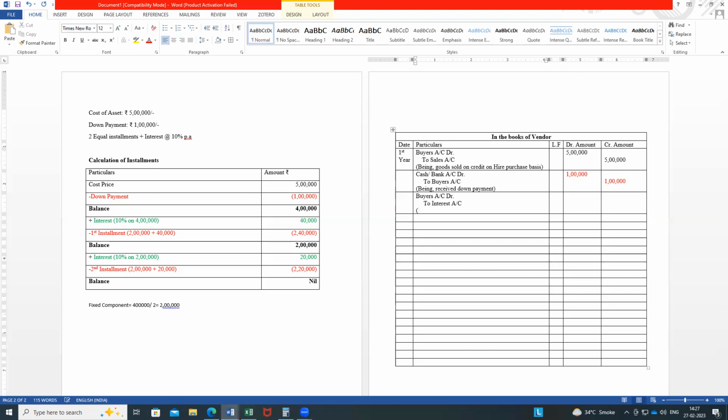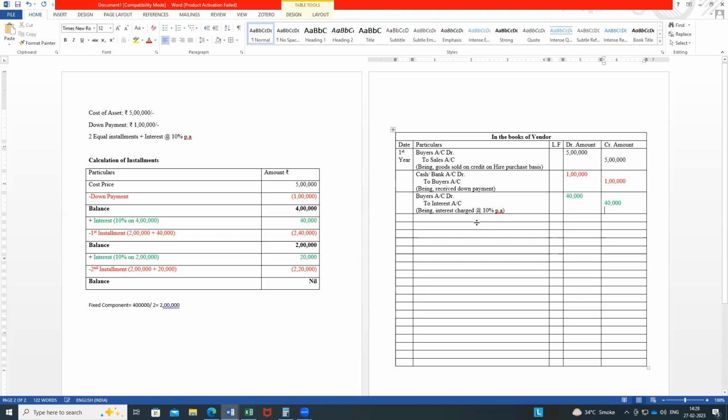So being interest charged at 10% per annum. Okay, how much interest? It is 40,000. At both the sides, it would be 40,000.